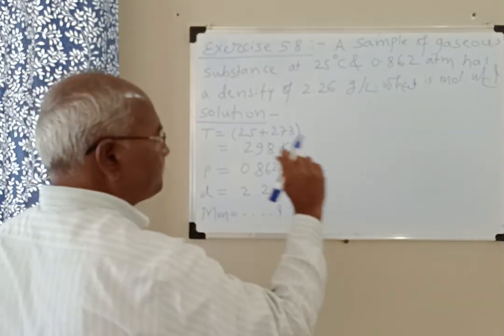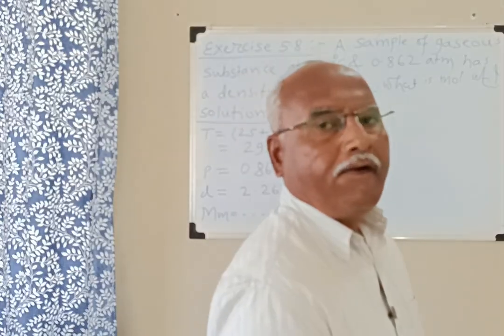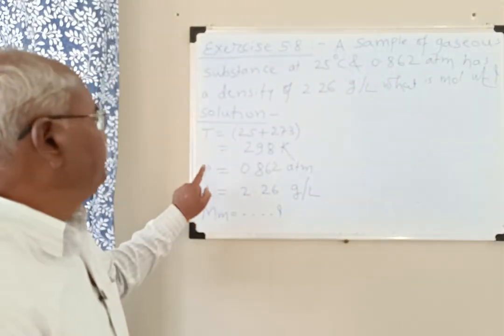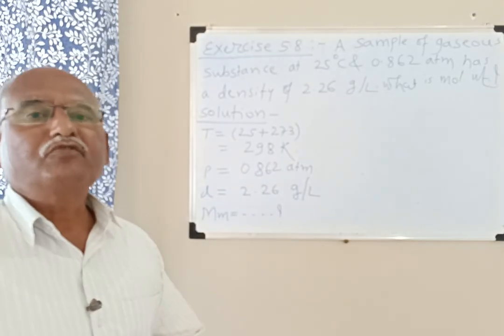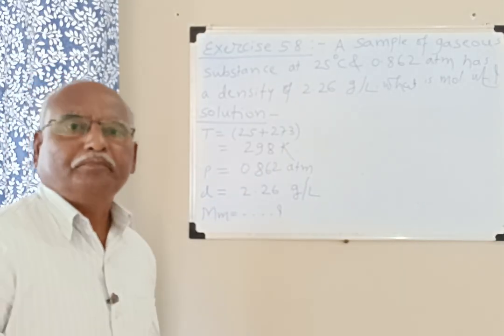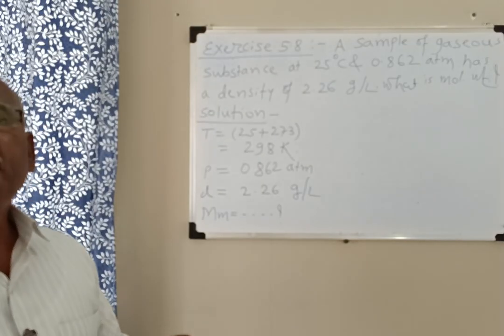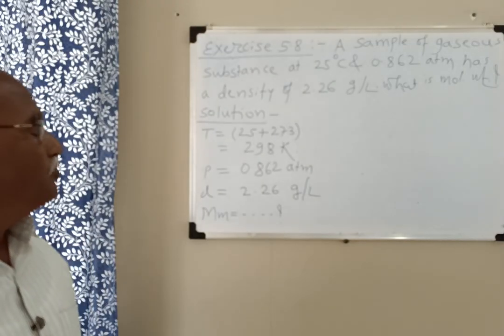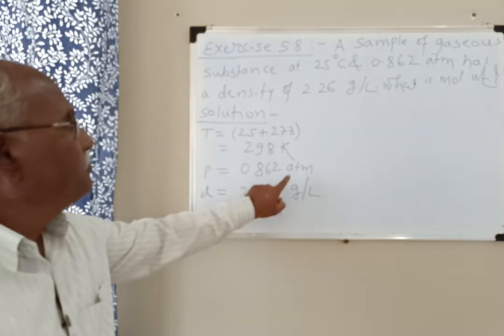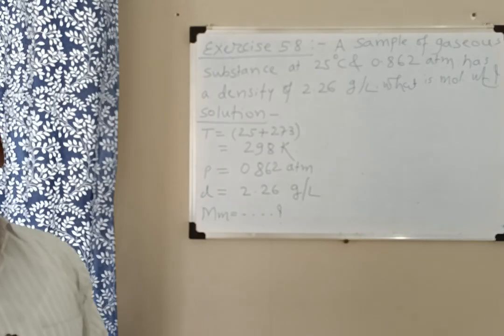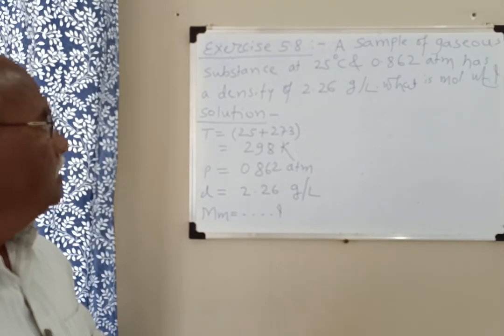This is asked. Now, in the previous example, pressure was given in terms of height of mercury column, therefore we converted that mmHg into atmosphere. Here pressure is directly given in atmosphere, therefore there is no need of conversion.